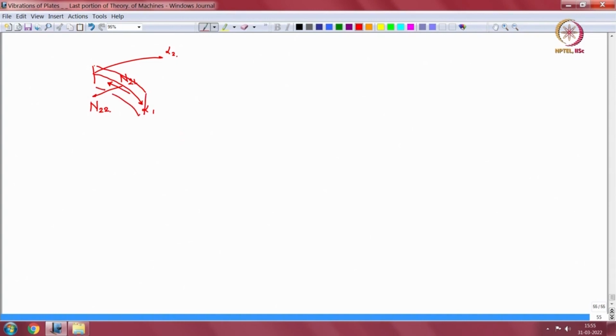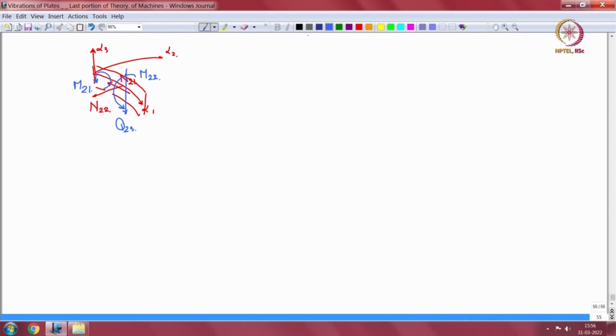Then you will have, let me draw, q23, then this is alpha 3 direction, let's say. Then we will have, this will be m22, okay, and m21 on the face, m21, the moment due to shear.